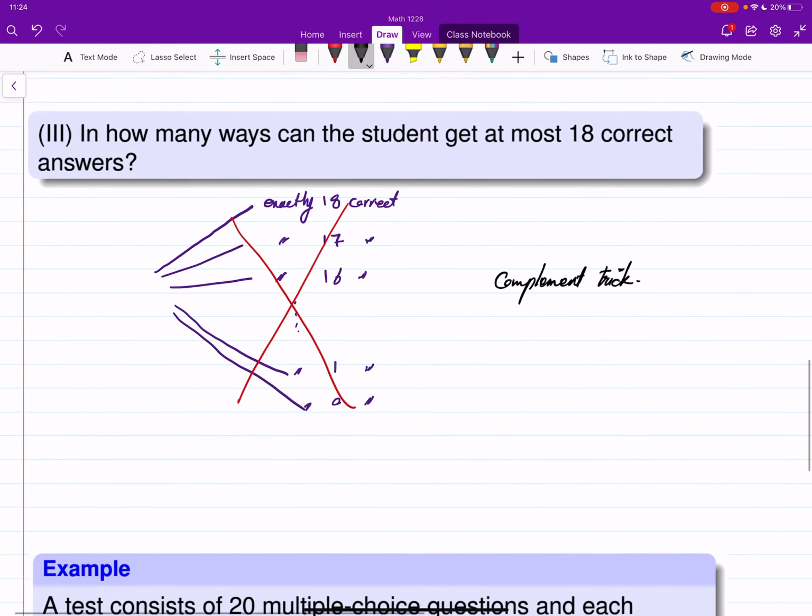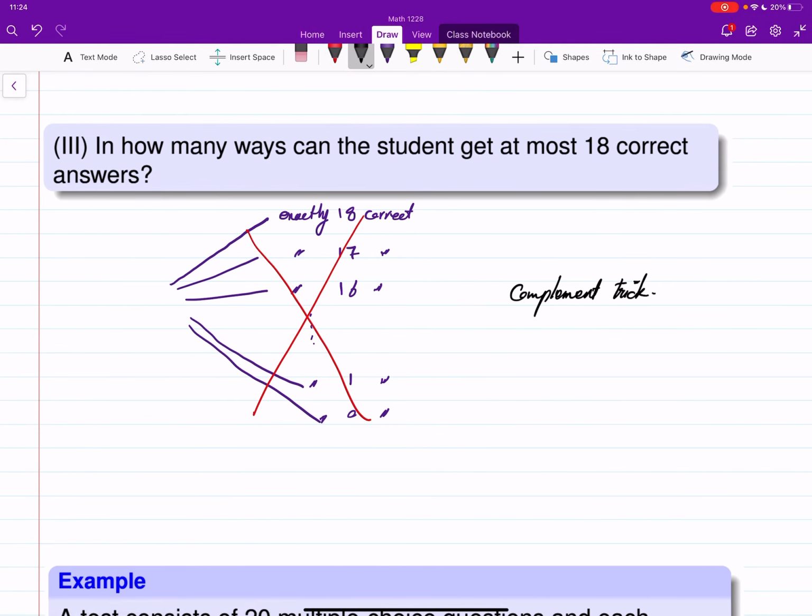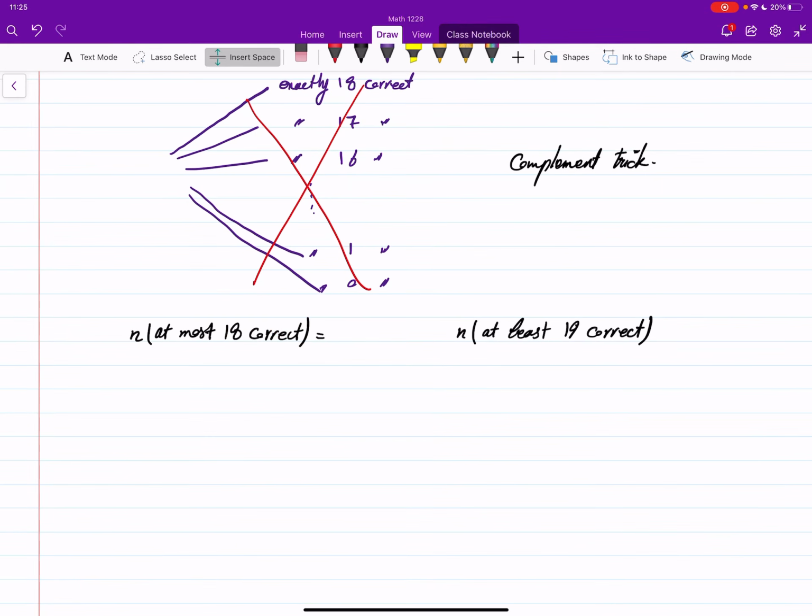How do we do this? So we say that the number of ways we answer at most 18 correctly is the same thing. Its complement is at least 19 correct.